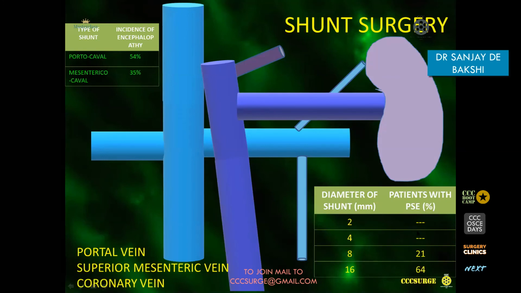The moment you go up to 8, you had a 21% chance of encephalopathy, which you cut down by avoiding proteins and giving the patient lactulose. But if the PTFE shunt size came up to 16, the encephalopathy was 64%. You can imagine that a number of people who had these shunts died of hepatic encephalopathy.